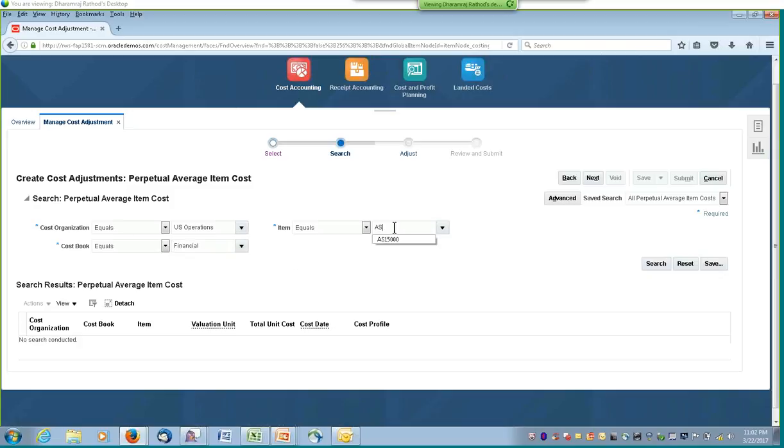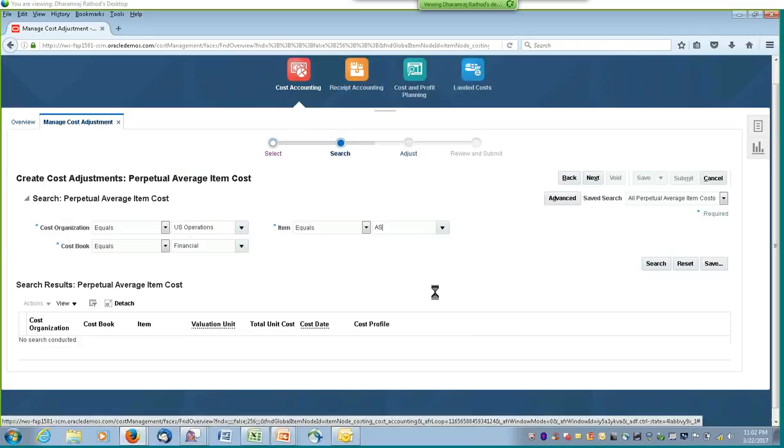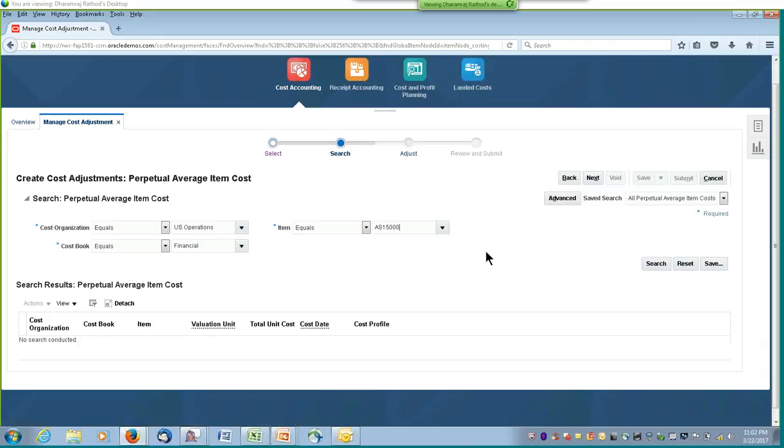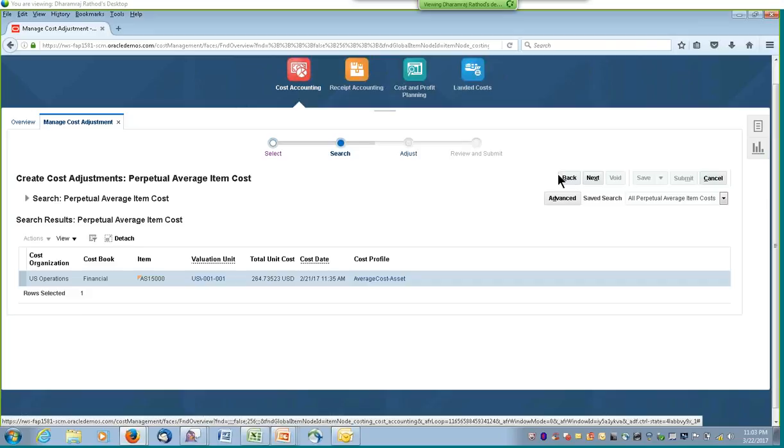And yesterday we picked one item, 15,000. Go ahead and pick that, and search it. You could go pick the valuation unit in which organization you want to do the adjustment. It says 001.